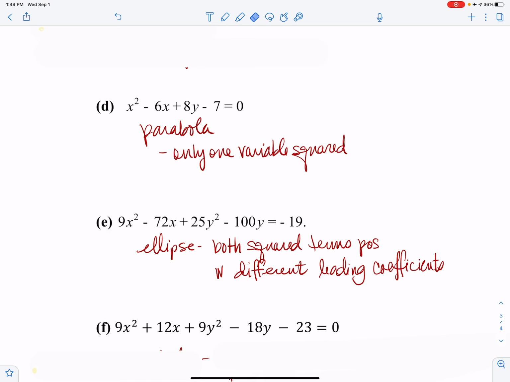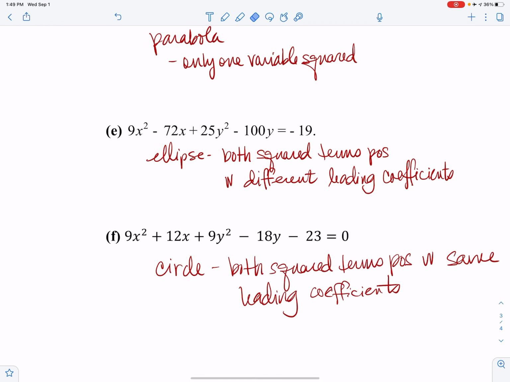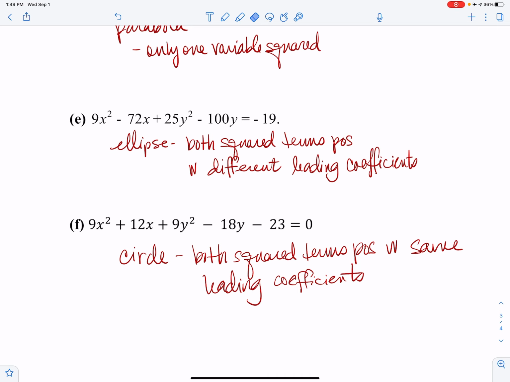Both of the squared terms are positive, but the leading coefficients are different. Now compare that to part F. Notice that both of my squared terms, once again, are positive. So this says it's either going to be an ellipse or a circle. But now my leading coefficients are the same. So we're going to say it's a circle. Both squared terms are positive, and the leading coefficients are exactly the same.